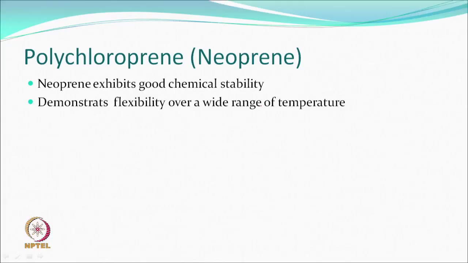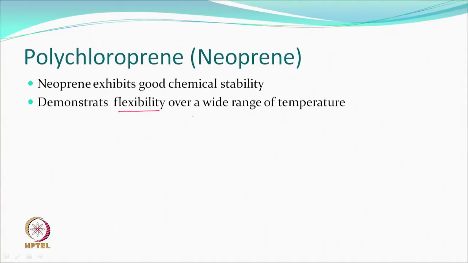Another interesting elastomer is called neoprene. These days you may see a lot of products where the neoprene has been coated on textiles, a knitted structure, a woven structure, where the whole textile can stretch and come back.